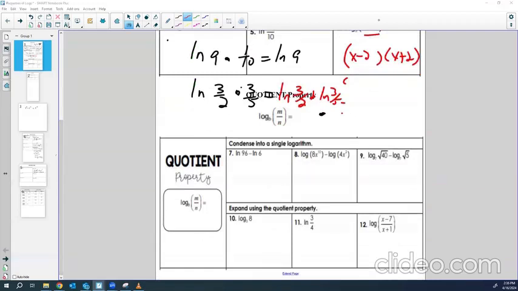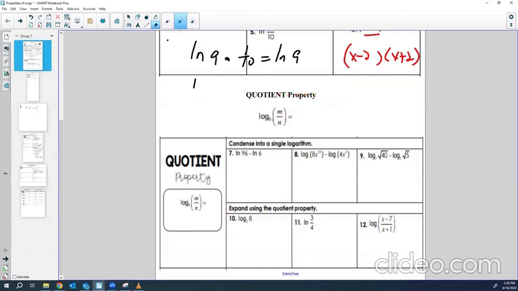All right, the quotient property now just states, let me erase this for a second, that if you're dividing with the logs, if the argument is dividing, you can write this as log base b of m minus log base b of n.